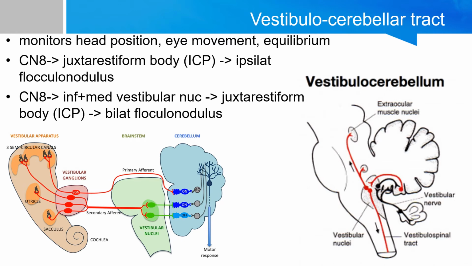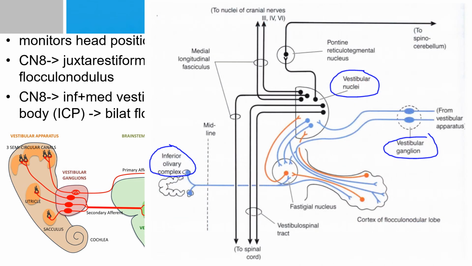So the vestibular nerve will either go directly to the cerebellar cortex, the flocculonodular lobe, or it will synapse on the vestibular nuclei that then will go to the cerebellar cortex. Or it will go directly to the fastigial nucleus or synapse on the vestibular nuclei and then go to the fastigial nucleus.